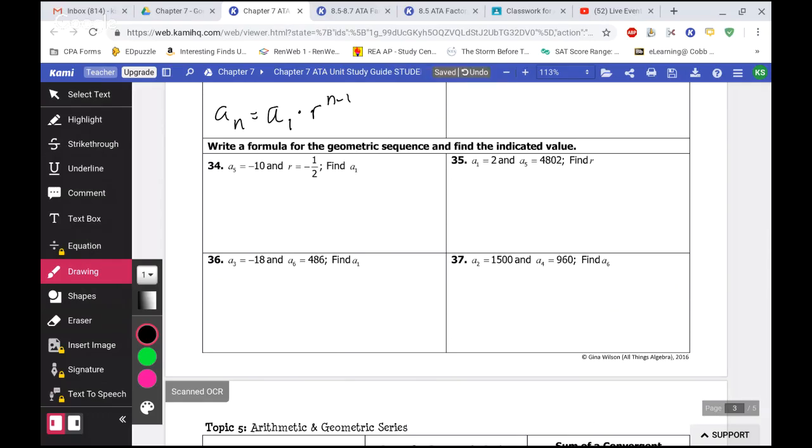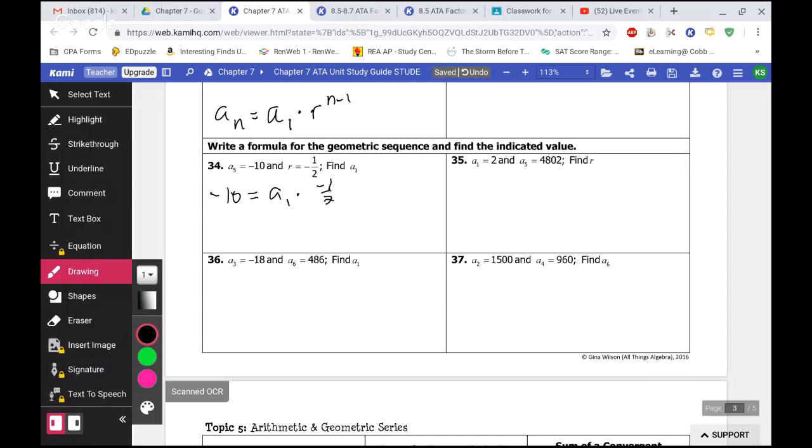So in this first one, we're given the value of the fifth term and we're given the common ratio, but we don't know the value of the first term. So let's just plug in what we know into the formula and put a variable where we don't know something. We don't know what the value of a sub 1 is. We do know what the common ratio is. It's a negative 1/2.